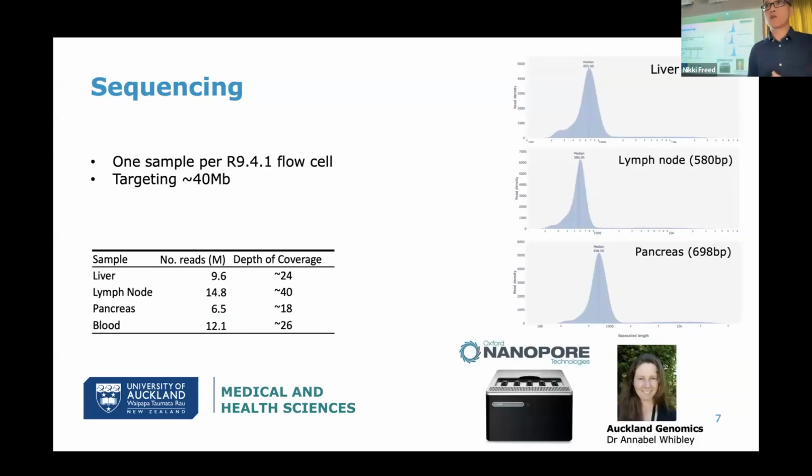For sequencing, we did all this with Annabelle, and what we used back then was one flow cell per tumor, and we also sequenced the blood as the control normal.